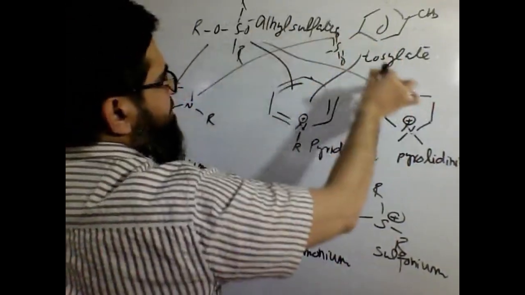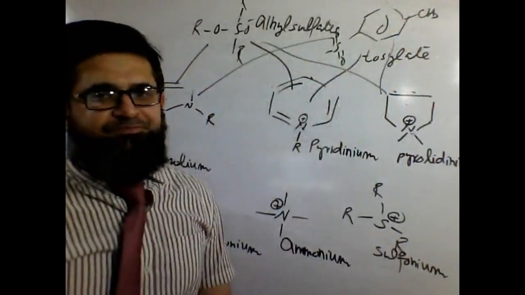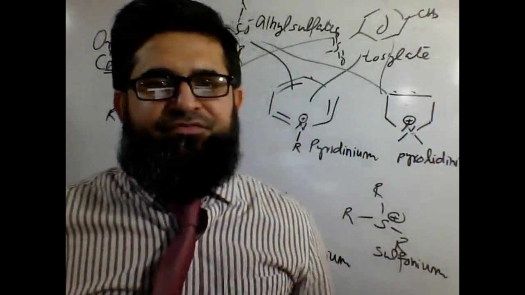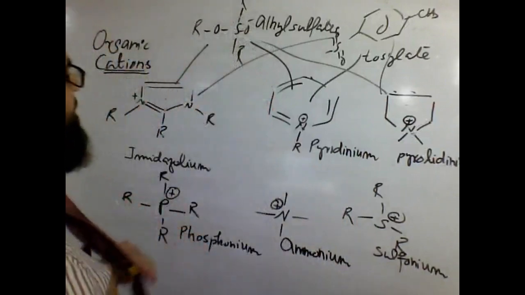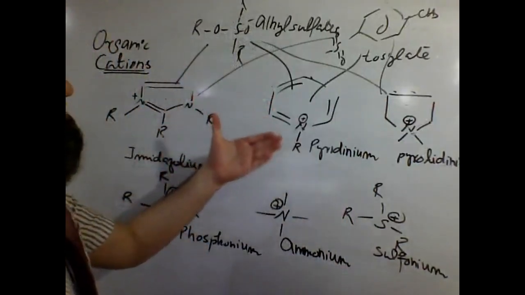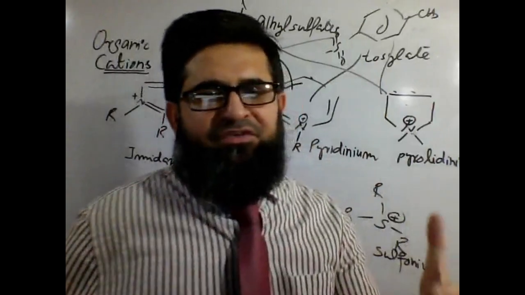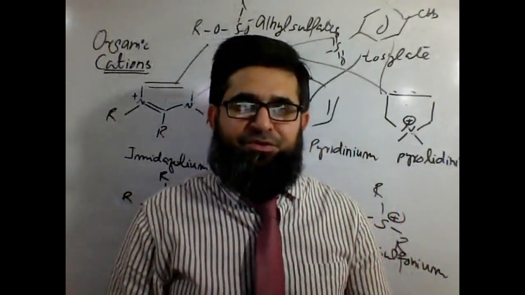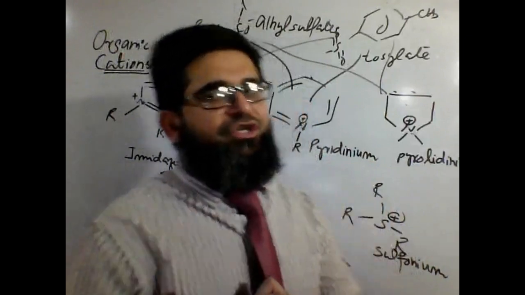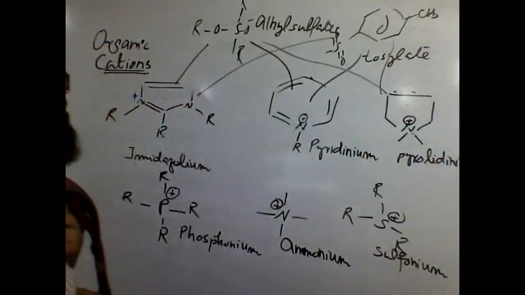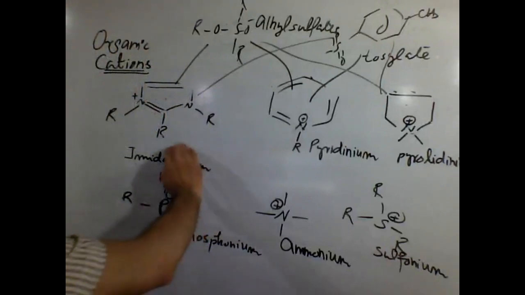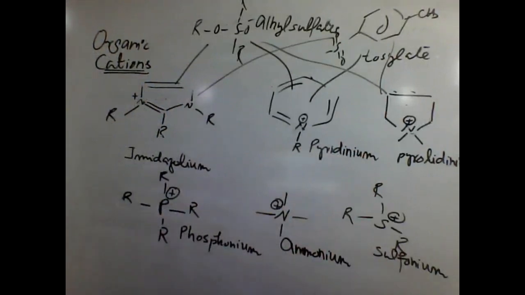Similarly, the chemistry and nature of the cations and anions are supposed to control the final properties of the ionic liquids. So this is how one can generate a variety of ionic liquids. I've given you examples, 4 or 5 different organic cations.